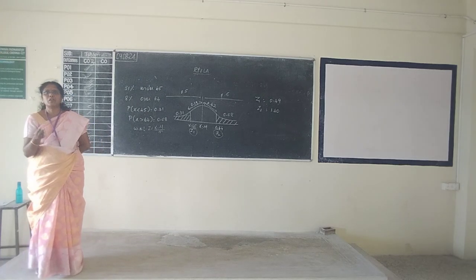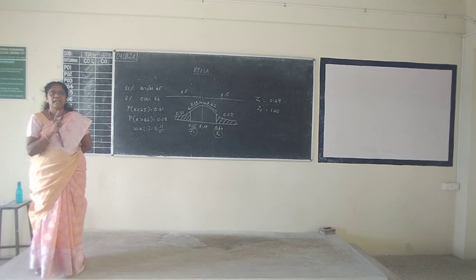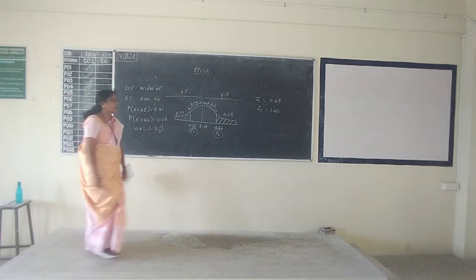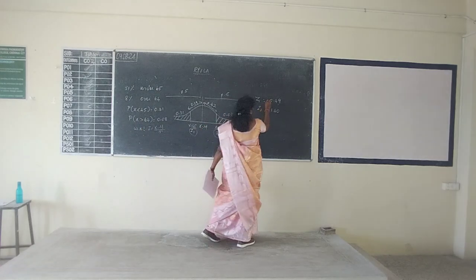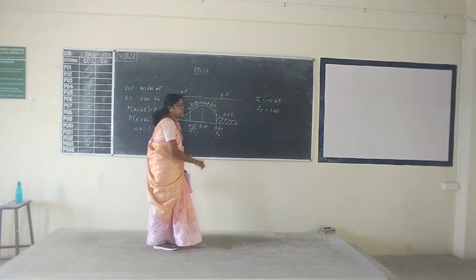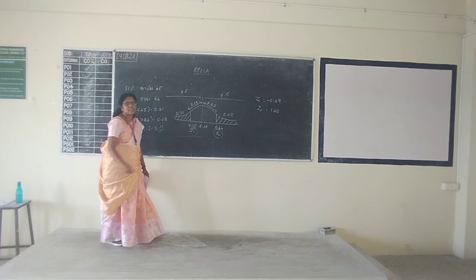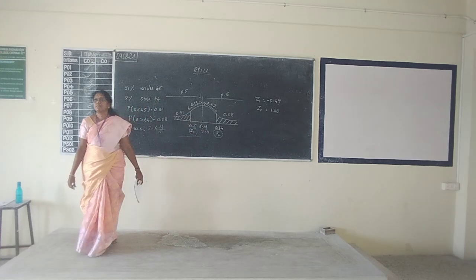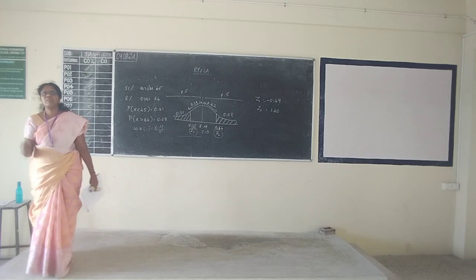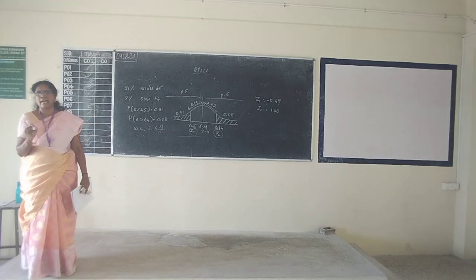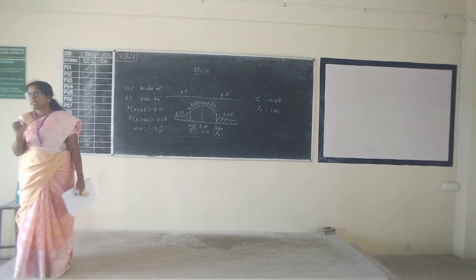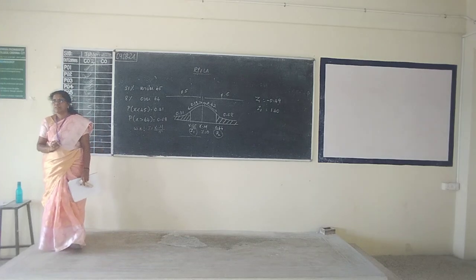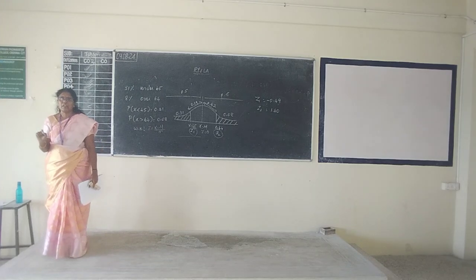So all the left side will be negative values and all the right side will be positive values. So you have to write your answer Z as a negative value because it lies on the left hand side. Whenever you take any value from the left hand side, it should be written with the negative sign, because on the left hand side only negative values will lie. Right hand side will be positive.